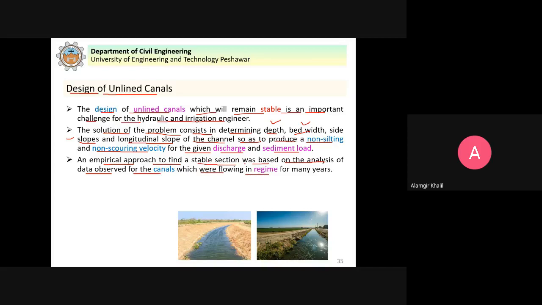Regime again means stable section. No silting, no scouring for many years.